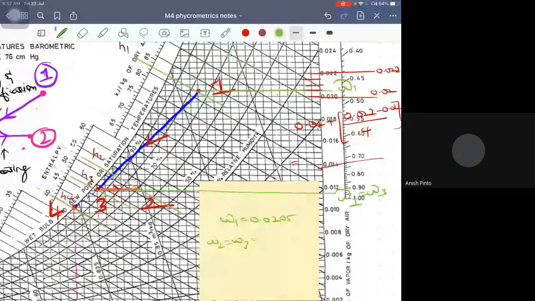Now, similarly, can I have the value of omega 2 or omega 3? Both have the same value. So, can I have that value? Shall I take it as 0.0115? Am I right?